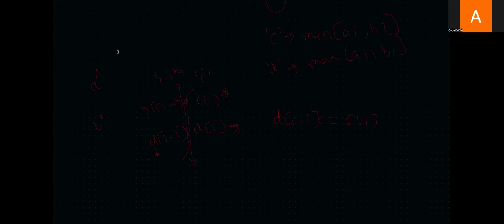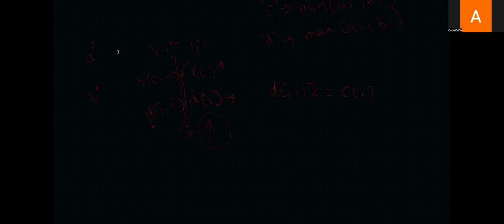So can I say that these two blocks, ci minus 1, di minus 1 and ci and di, are different? Can I say that these two blocks are independent? Whatever you do with this block and whatever you do with this block, the array would be sorted. That's my claim. These two are independent.